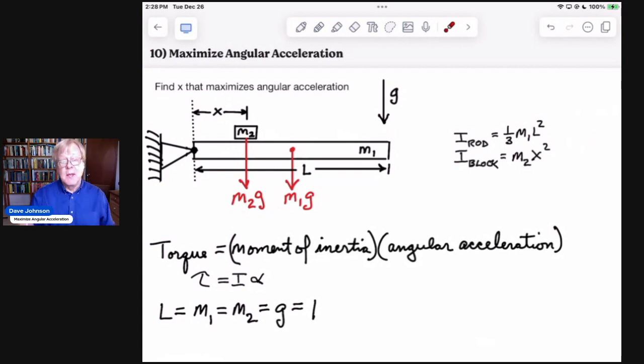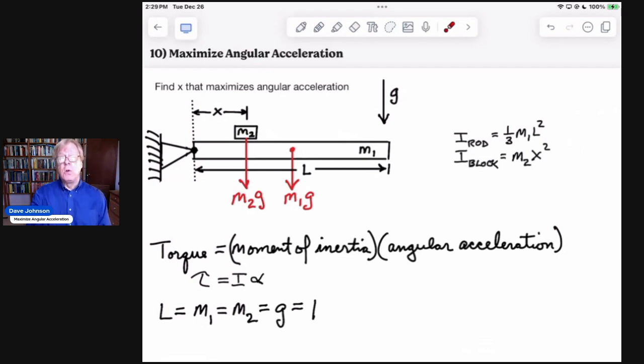That makes sense because of the symmetry of the rod. We're assuming that it's a uniform rod, maybe metal or wood or whatever it is made of. And likewise, the block has a force acting on it, m2g, acting at the center of the block toward the center of the earth. Okay. So we'll come back to those forces in a moment.